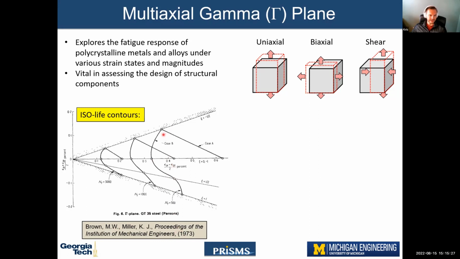And what they essentially did was they took a material and they tested it at different states of strain and different strain amplitudes. And then using the experimental fatigue life, they were able to generate these iso-life contours.